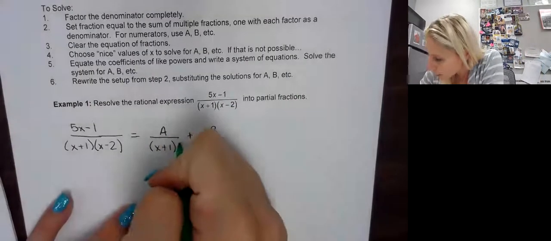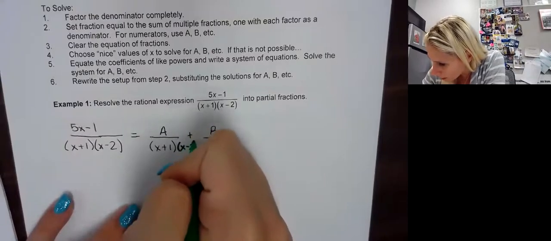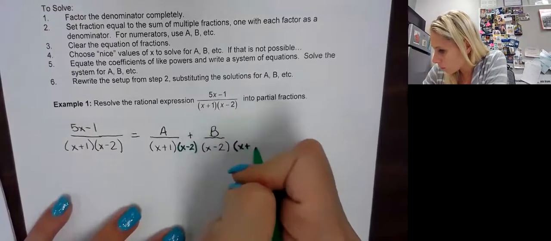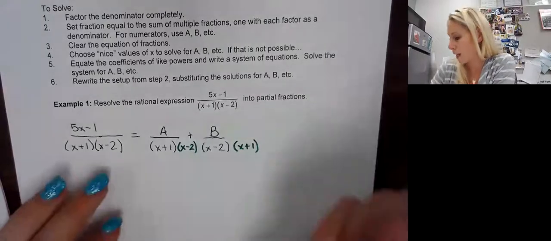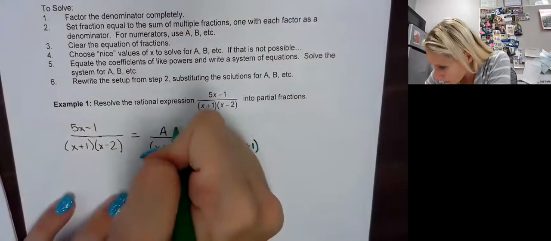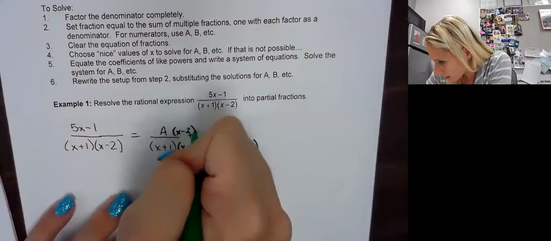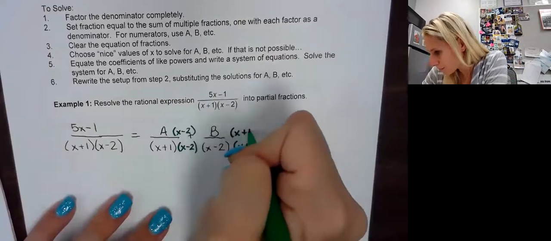So what is this missing? This is missing our x minus 2. And this one's missing our x plus 1. And so we do not change the value of the fraction, whatever we do to the bottom, we must do to the top. All right.